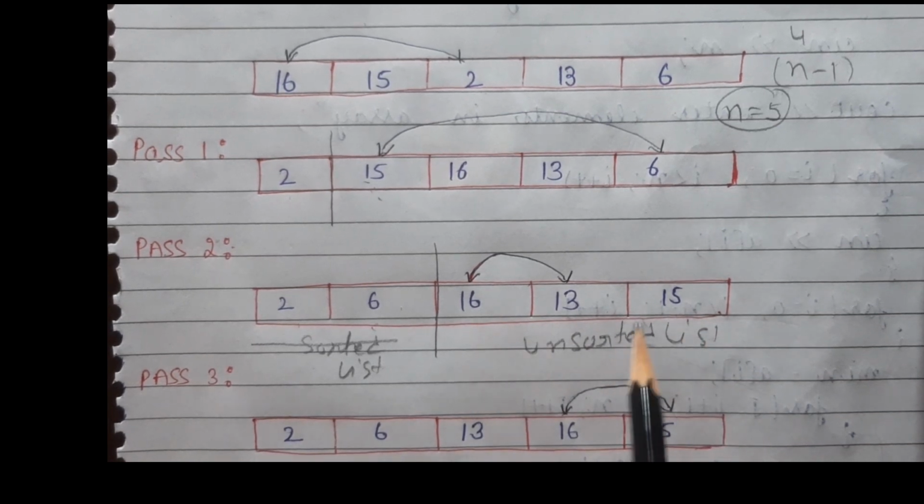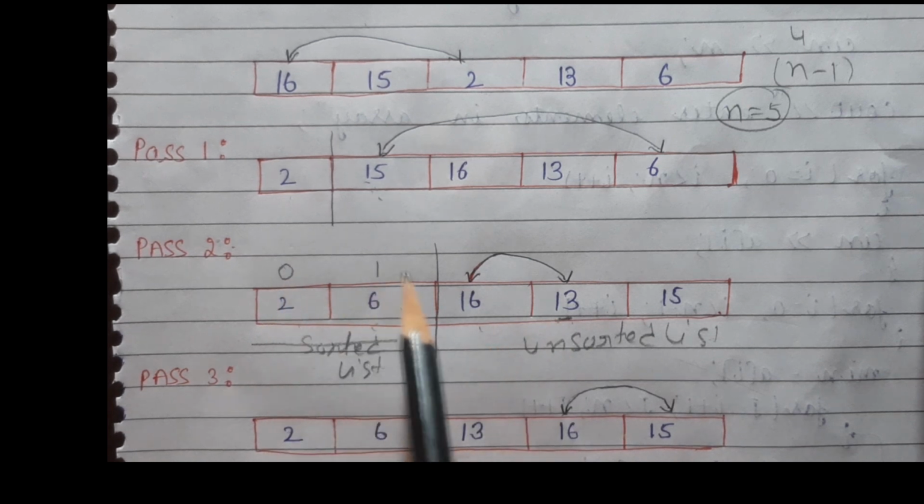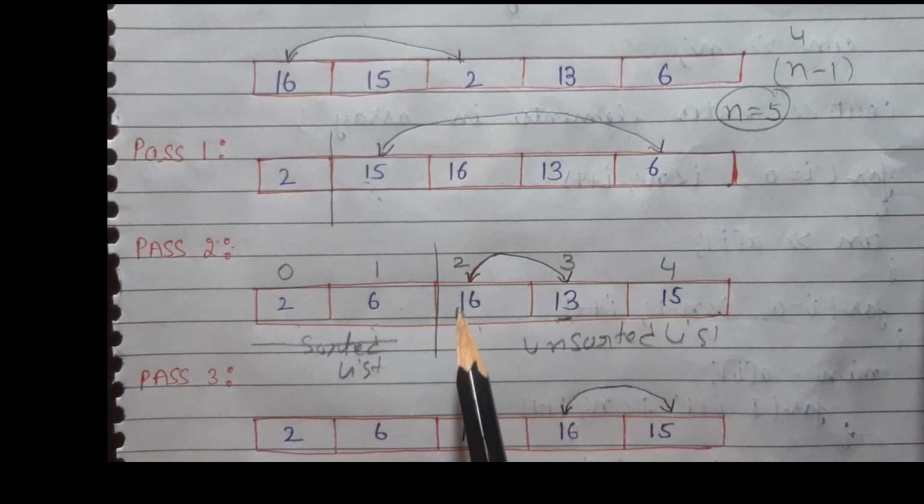Now from the remaining elements, again we find the minimum element. Here 13 is the minimum element. Now swap 13 with the element at the third index. Okay, that is at the second index, because here we have 0 index, here 1 index, here second index, here 3 index, here fourth index.